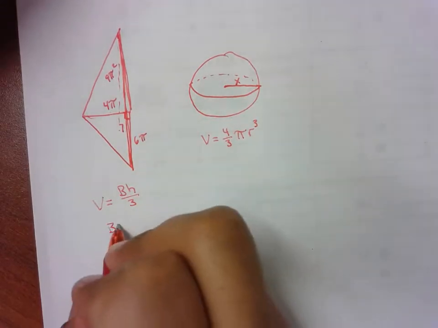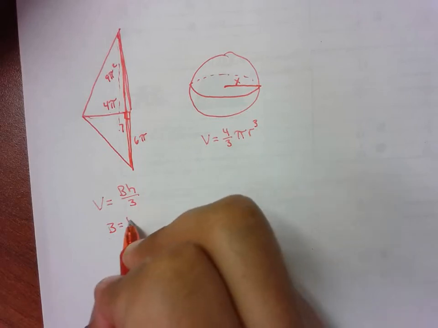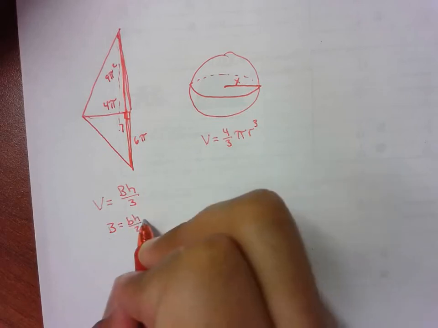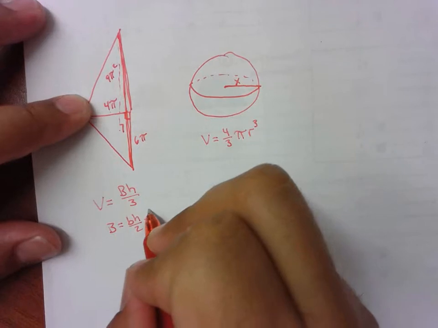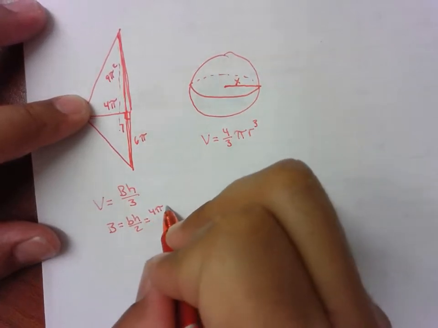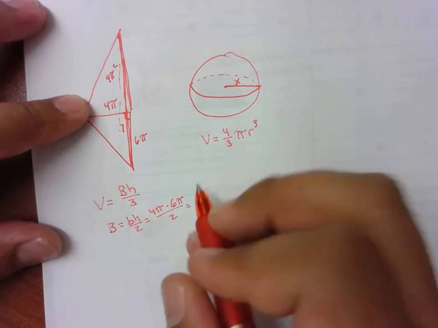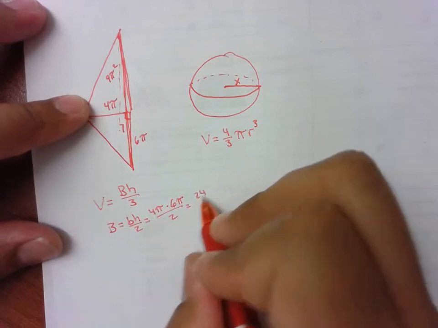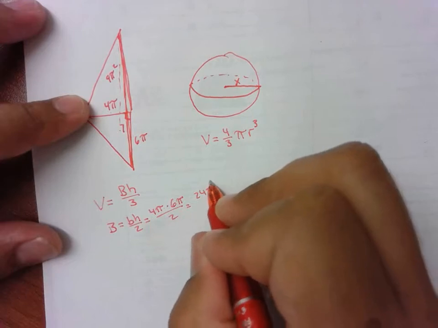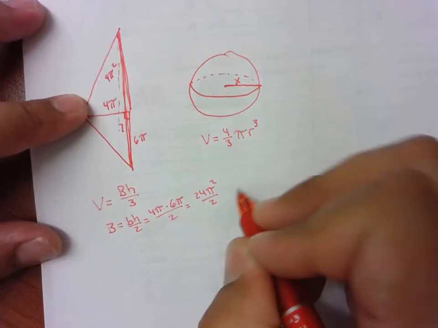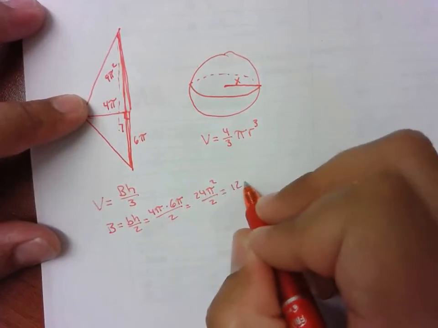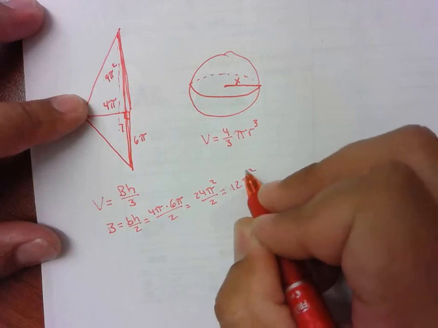So your base is a right triangle, which is base times height divided by 2, which is going to be 4π times 6π divided by 2. 4 times 6 is 24. π times π is π² divided by 2. And 24 divided by 2 is 12π².